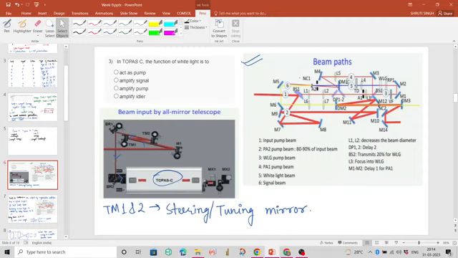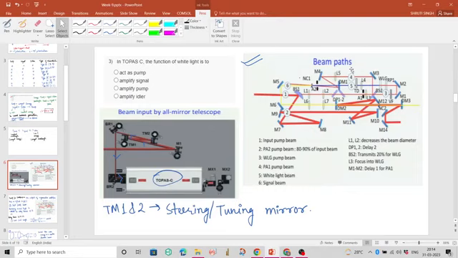The white light is basically used to generate the signal. Here it is not written to generate the signal, but from white light we can choose any color which we need to amplify.